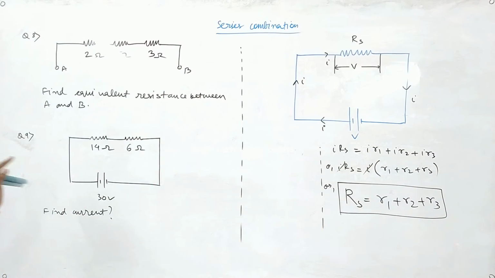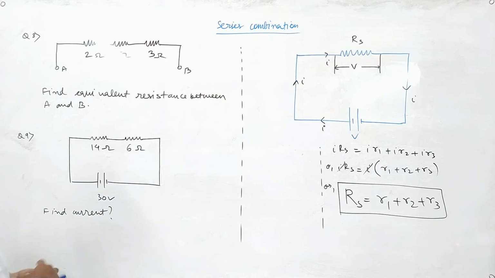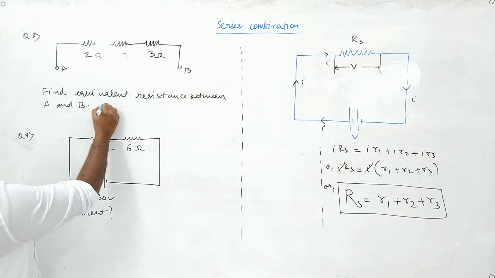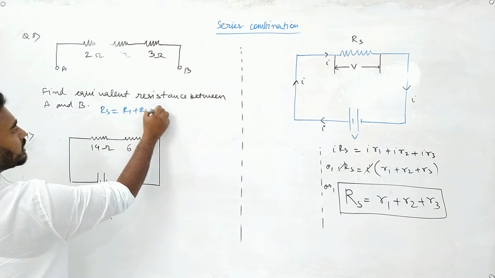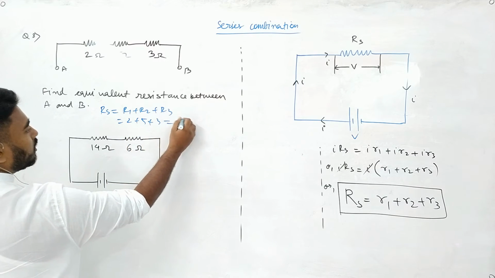Okay, find equivalent resistance between A and B. Three resistances have been given, 2 ohm, 5 ohm and 3 ohm. First tell me, are they in series or in parallel? Series. So can we say RS equals R1 plus R2 plus R3? That will be 2 plus 5 plus 3, or 10 ohm.